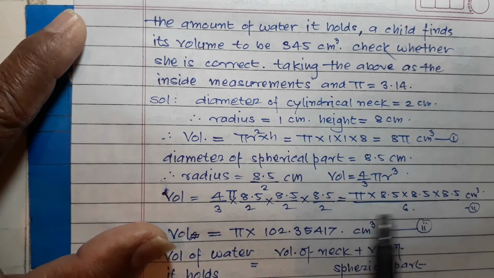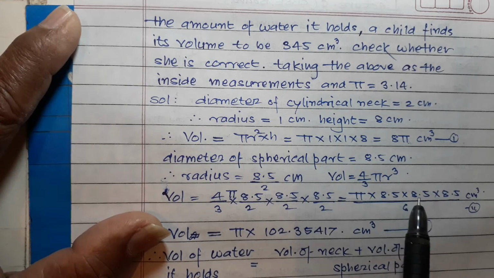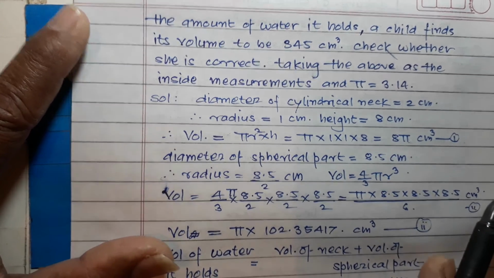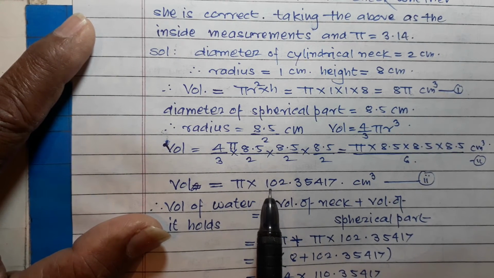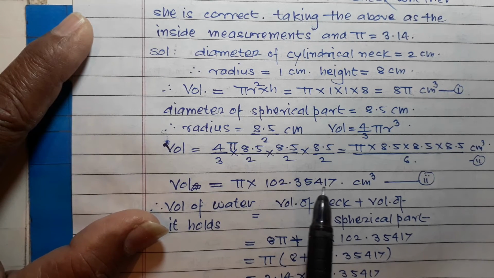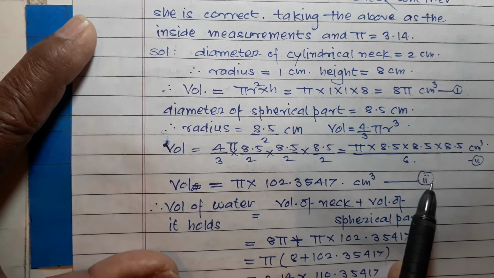If you simplify this, you will get pi into 8.5 into 8.5 into 8.5 upon 6 cm cube, and therefore volume is equal to pi into 102.35417 cm cube.